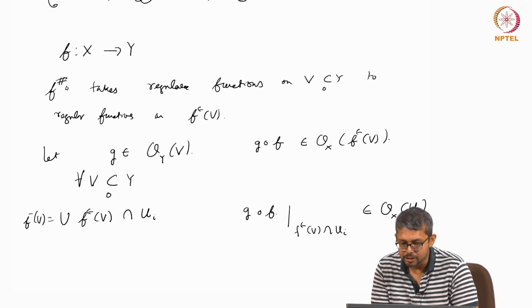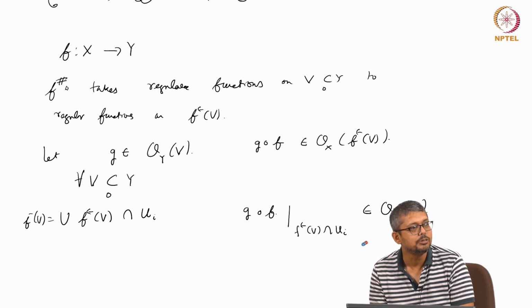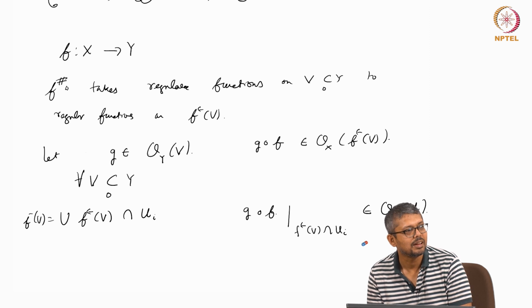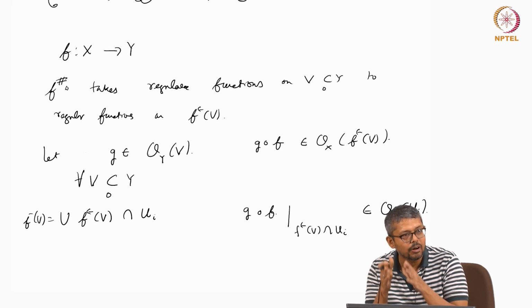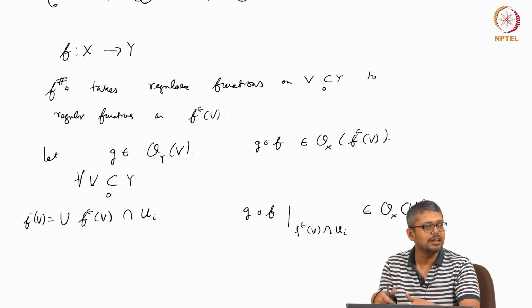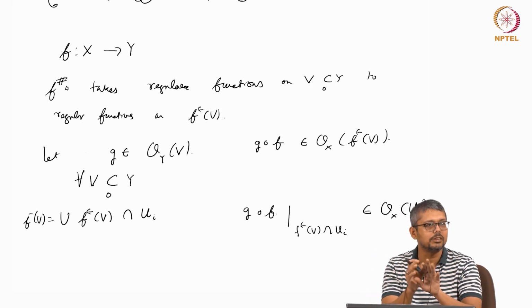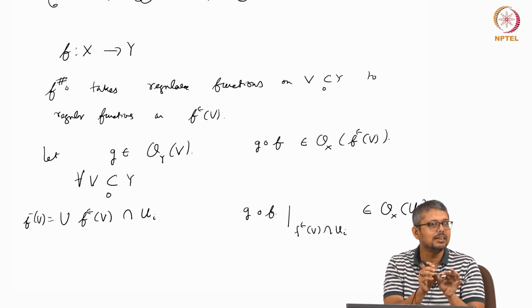But now you use the sheaf property, that this is g∘F. So on each affine open, they are regular. That will say that it extends to a regular function, because on an open subset it is regular if and only if it is regular on each affine piece.